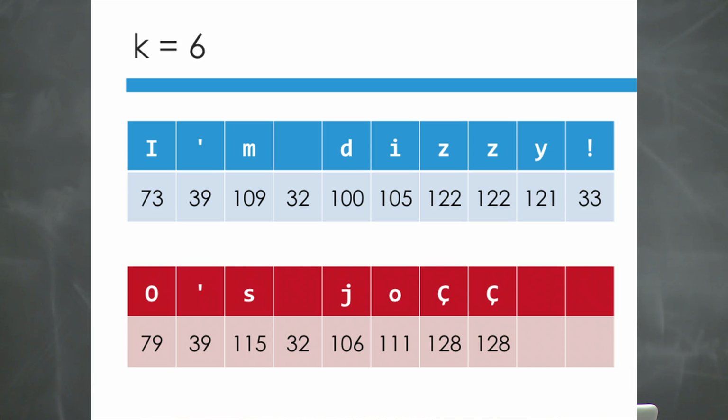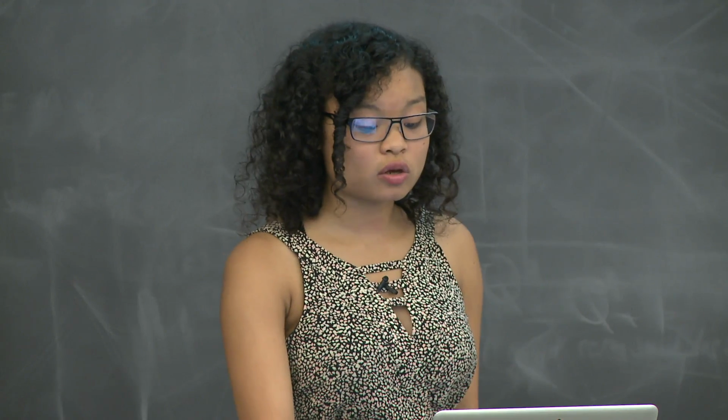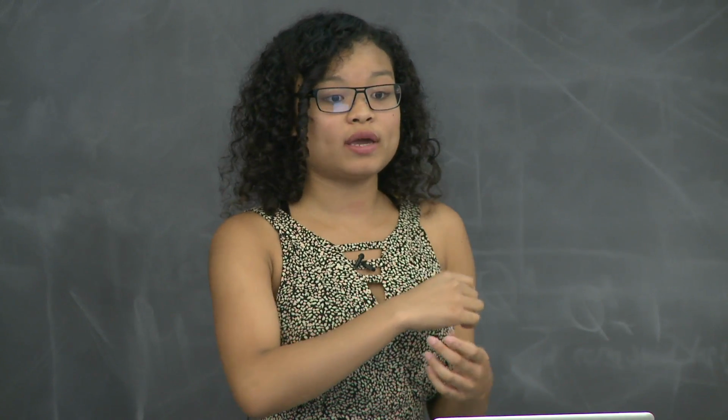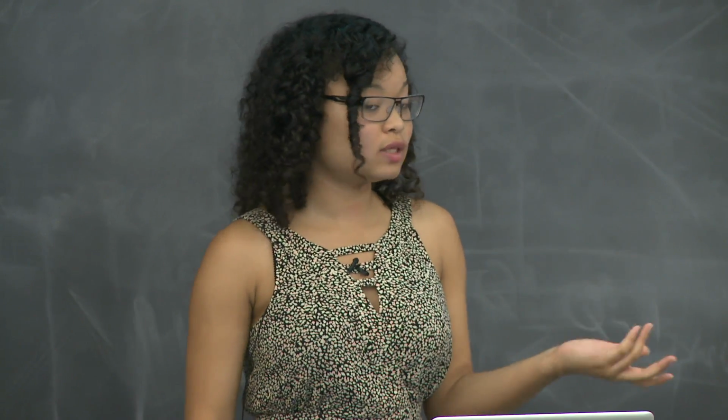But we actually want to stay within our alphabet, right? So we need to figure out some way of wrapping around. When you reach z and you want to increase by a certain number, you don't want to go beyond the ASCII alphabet section. You want to wrap back all the way to a, but keep in mind you're still preserving the case. So letters can't become symbols, just like symbols aren't going to be changing either.